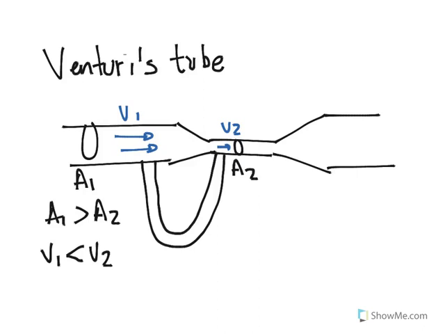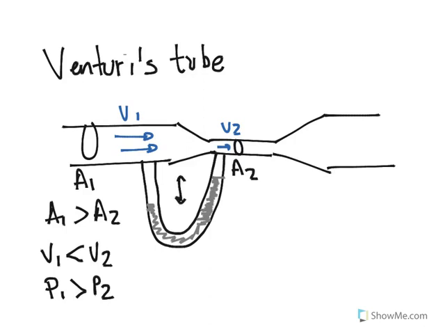And given this, the pressure generated at point 1 is going to be larger than the pressure generated at point 2. So if you have any given fluid, let's suppose we have mercury somewhere here, there is going to be a difference in height in this manometer due to the difference of pressure, and this difference of height can tell you the difference of pressure.